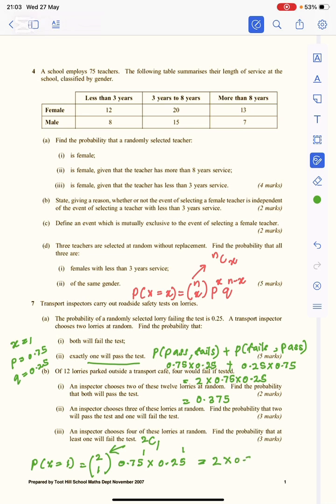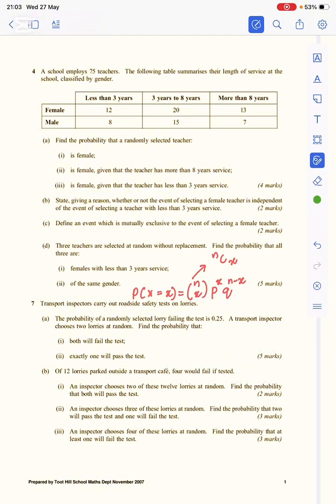Then 0.75 into 0.25, 0.375. Okay, so that is how you can get the answer from the binomial probability distribution.